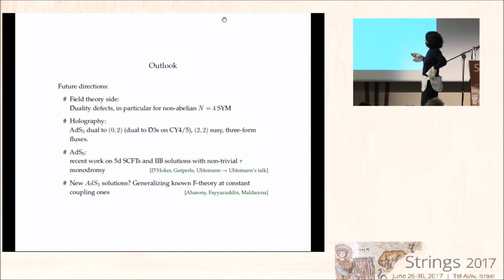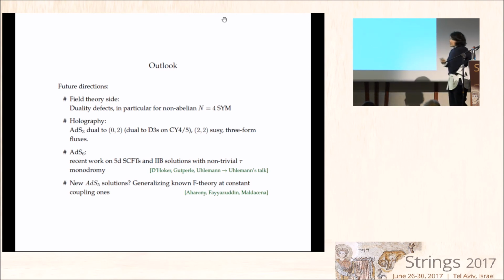Then holographically, we can reduce supersymmetry, look at duals to Calabi-Yau 4-folds, or maybe even 5-folds with (0,2) supersymmetry, maybe non-chiral supersymmetry, etc. There's some conceptually related work on AdS6 solutions, dual to 5D superconformal field theories, where the type IIB solutions are also such that tau varies and has a non-trivial SL(2,Z) monodromy.